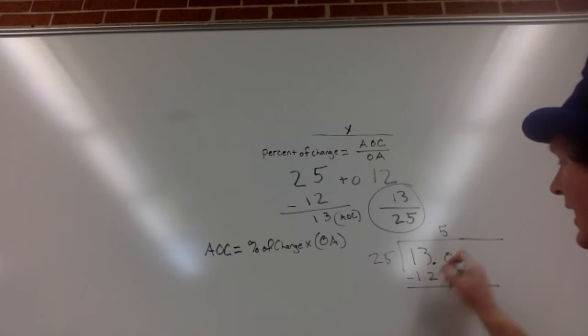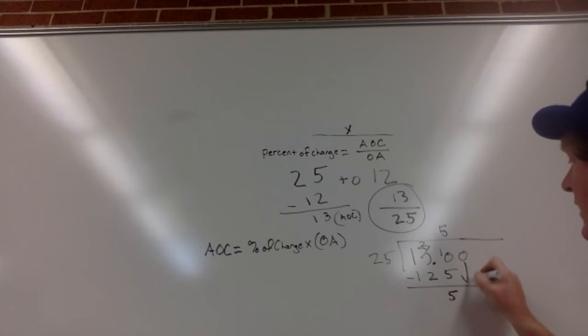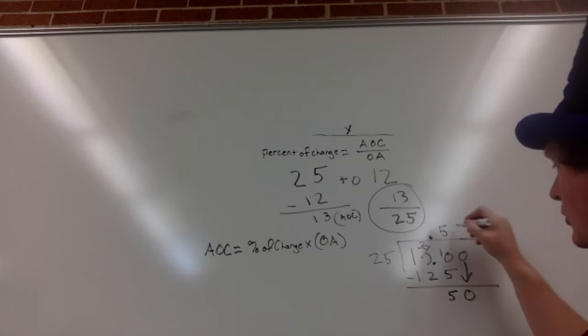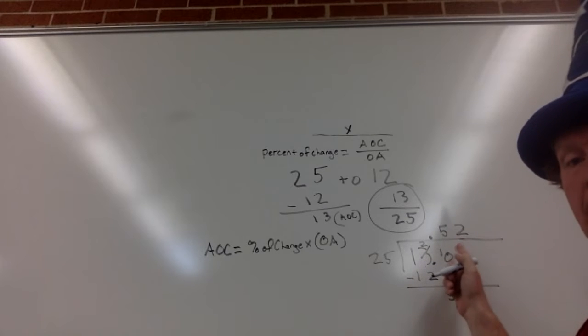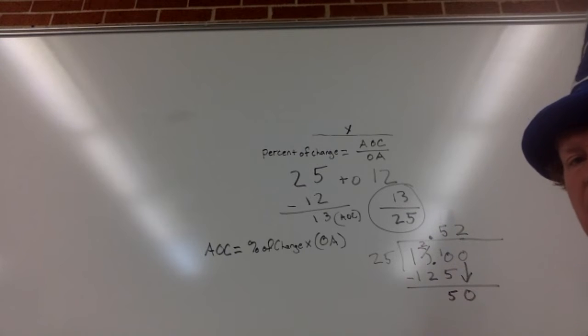So when I subtract, borrow from the 3, subtract 5 from 10, and you get 5. Bring down a 0, and then you say, how many quarters are in 50 cents? 2. So my decimal answer is .52. All right, Addison, what would be the percent if I changed the decimal .52 to a percent?